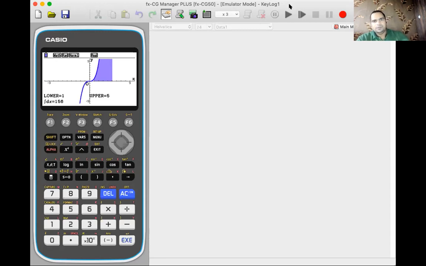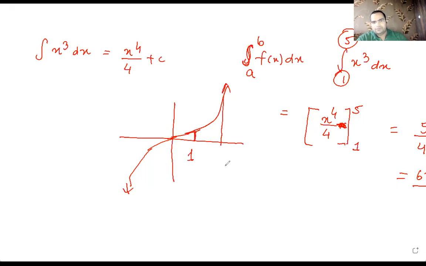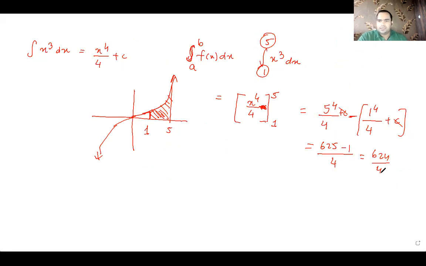So in the context of the question, if I have the x cube graph, the significance of this is, suppose this is the x cube graph, and now if I take this 1 and 5, the value that you have got is actually the area bounded by the graph, which is f of x, the x-axis, and these two lines.